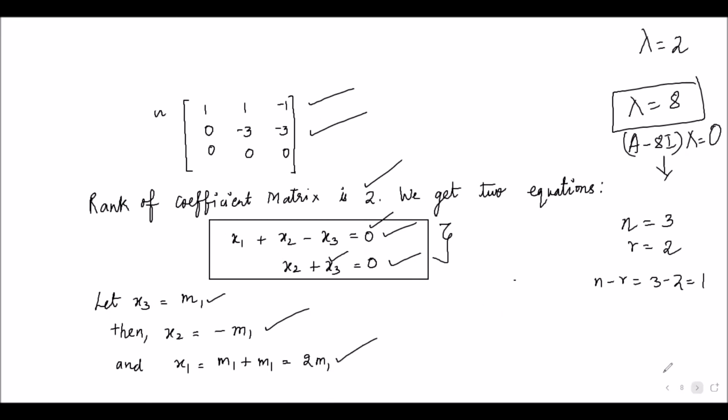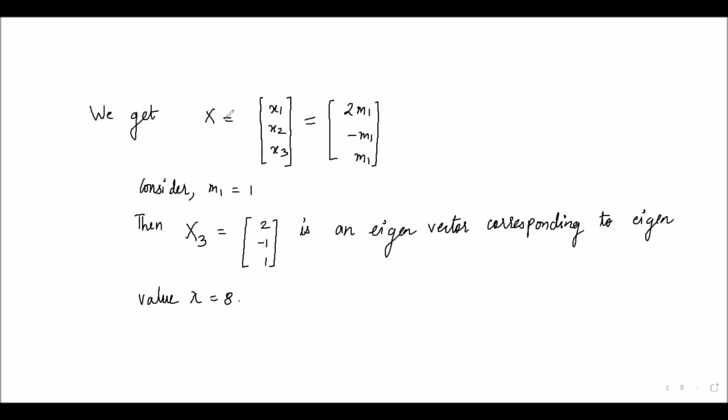So the eigenvector x with unknowns x1, x2, x3 will have this form. Don't consider m1 as 0 because the eigenvector is a non-zero vector. The simplest non-zero value we can consider is 1.